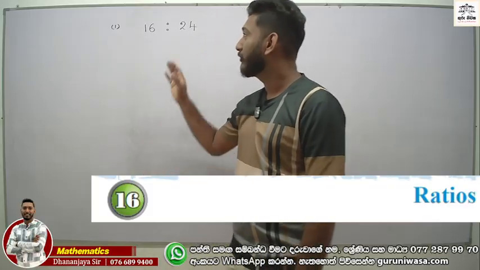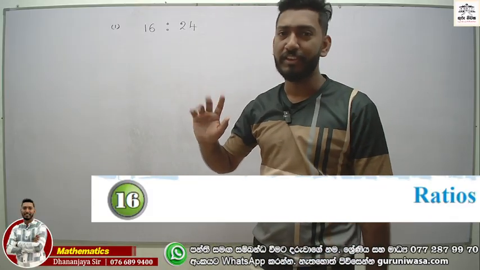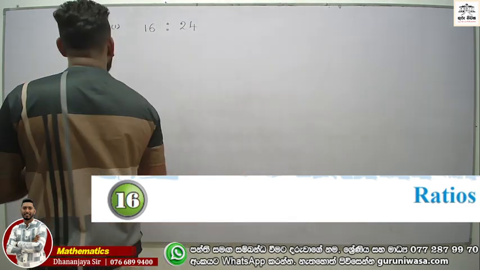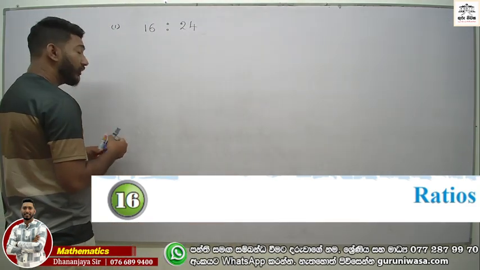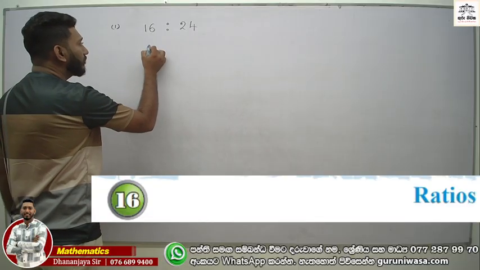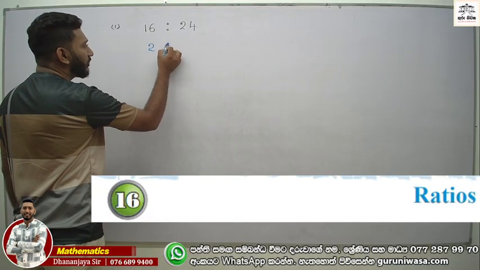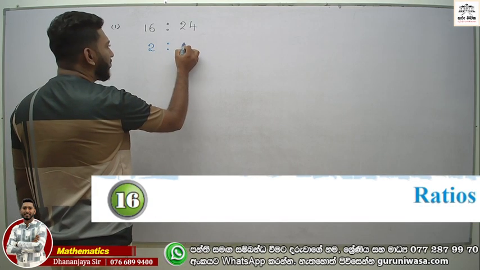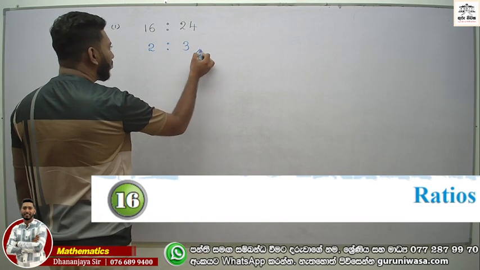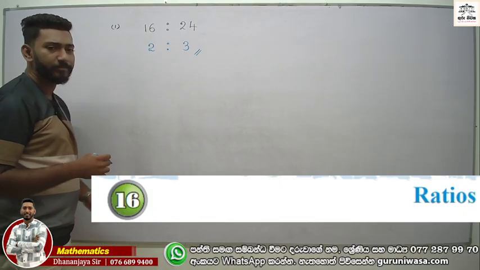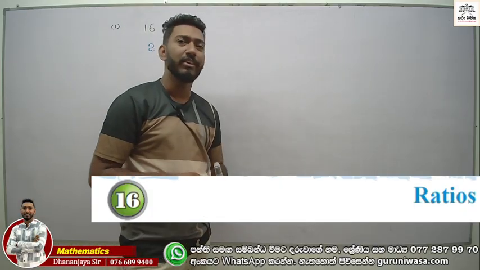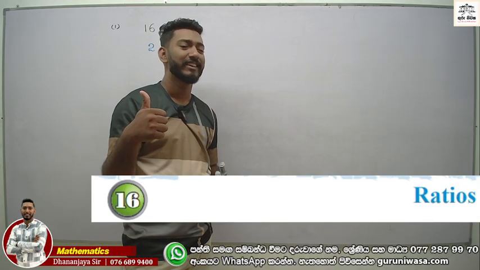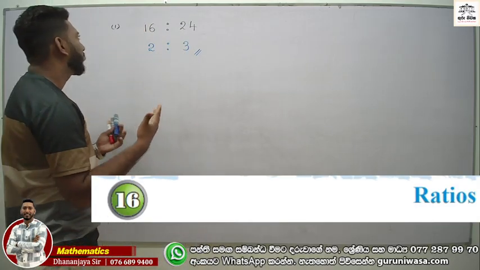Now 16 divided by 8 is 2, and 24 divided by 8 is 3. Now you can simplify to 2 to 3, right? Everyone understood? Yes, sir, from grade 7.